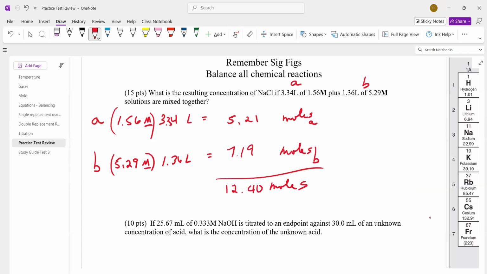Okay, and we need to add up our volume. So we've got 3.34 liters. That's A. B is 1.36 liters.